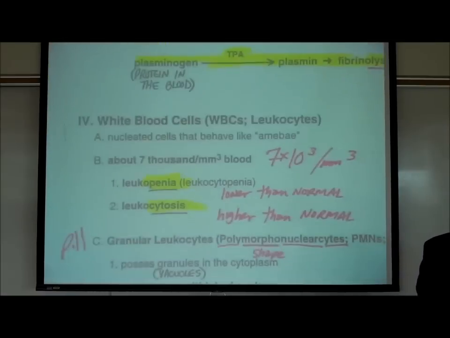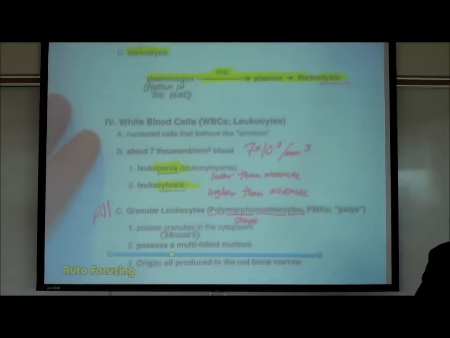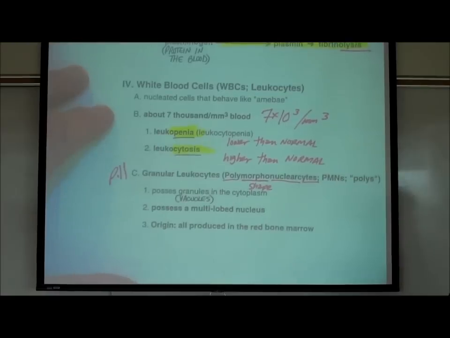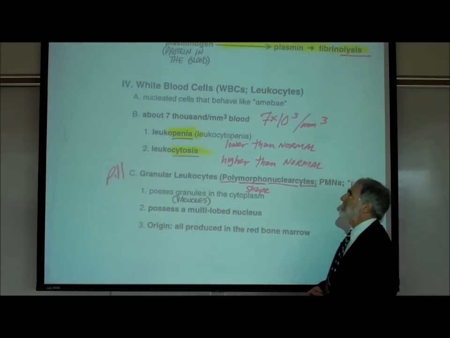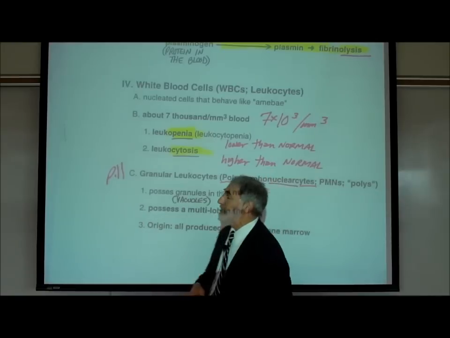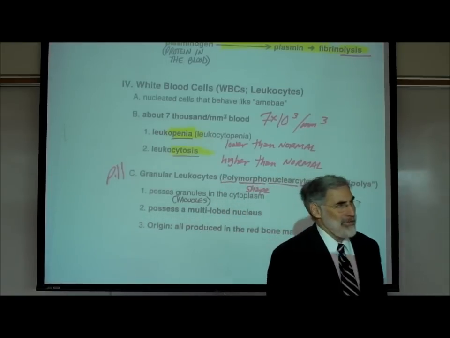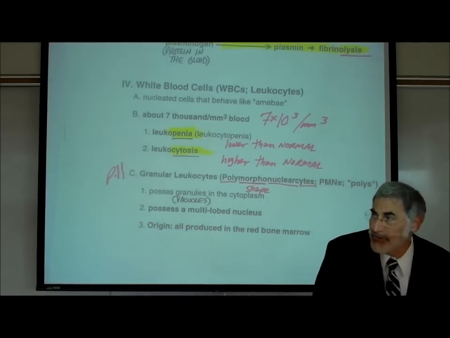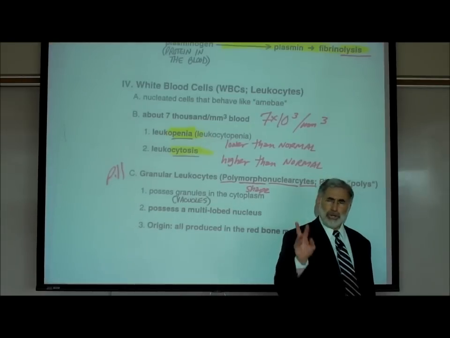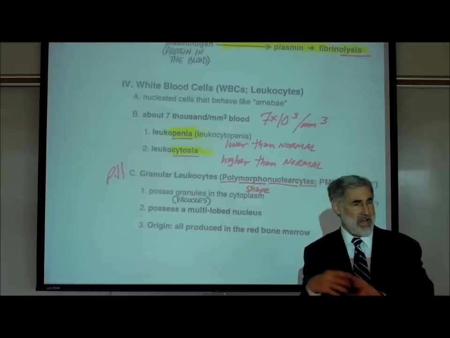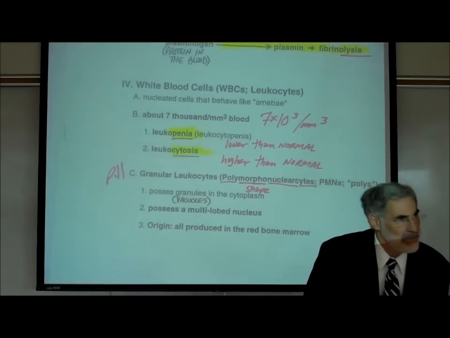So what we want to do is look at this in more detail. Let's go back to page 11. So back on page 11, white blood cells or leukocytes. White blood cells are nucleated cells that behave like amoeba. One of the things that I teach my students when I teach anatomy is that there are really only 2 human cells that can move wherever they want.